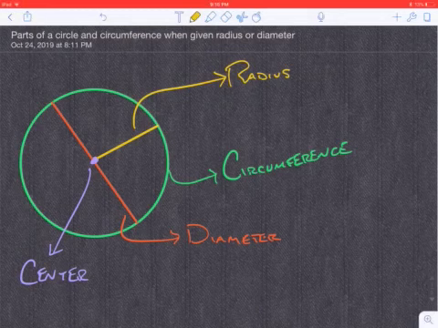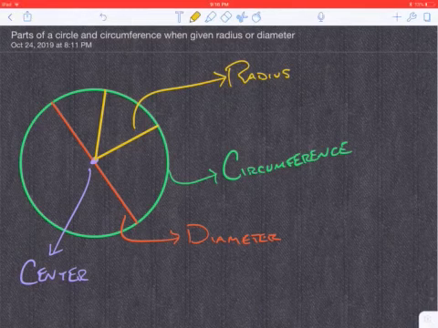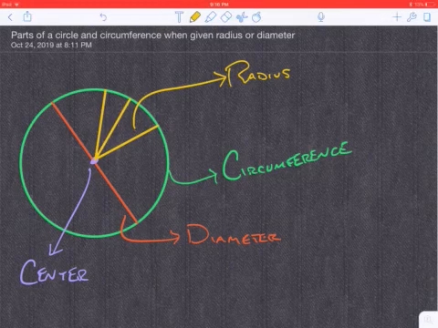Now, some quick definitions. The radius is identified as any distance from the center of the circle out to the edge of the circle. So we could make several radius, or radii, which would be the plural, and they're all going to be the same distance.